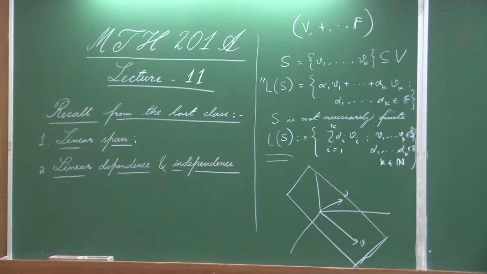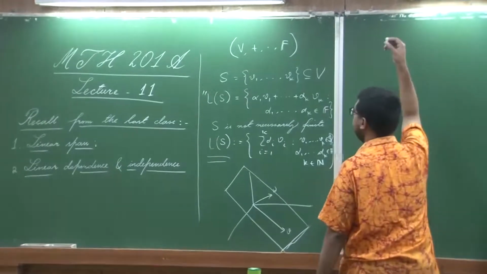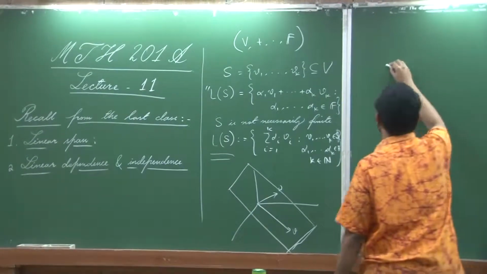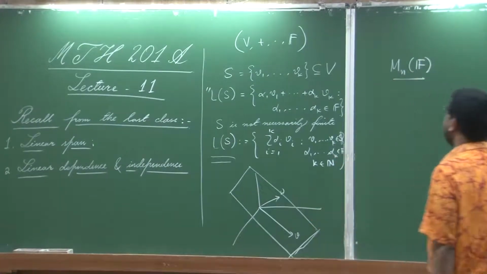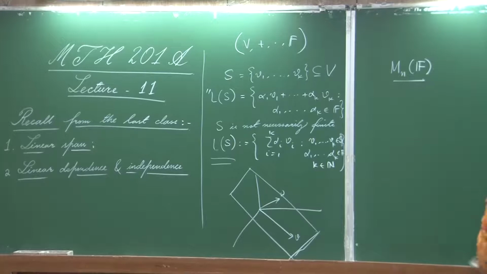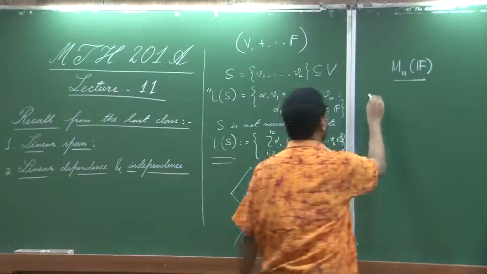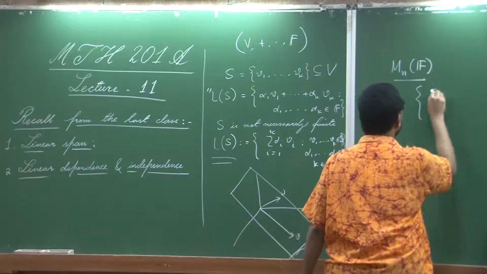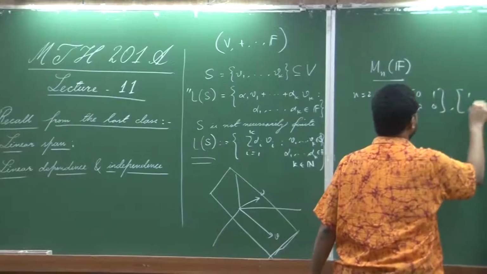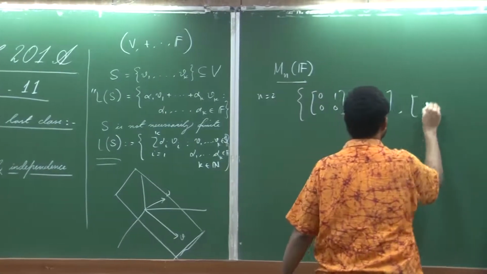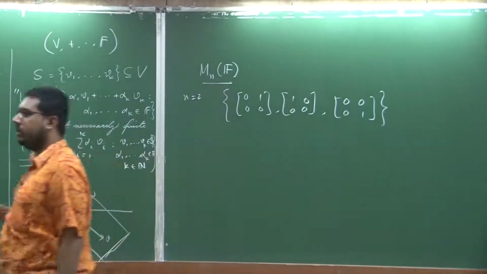Then we have also seen some other examples. For example, for square matrices of order n, let us say for n equal to 2, the linear span of the matrix 0 1 0 0 is nothing but the space of all upper triangular matrices.